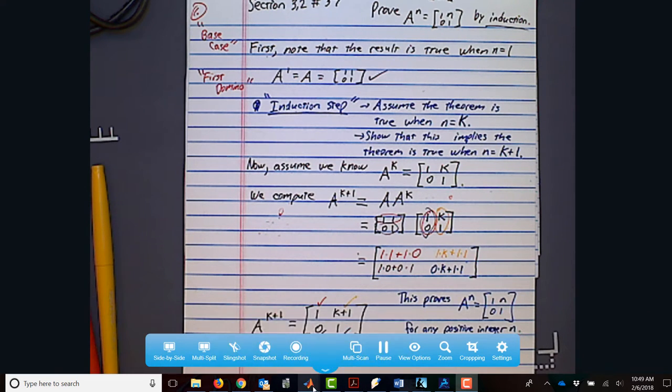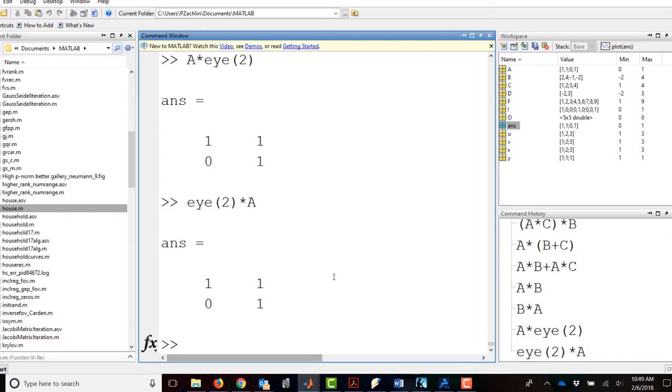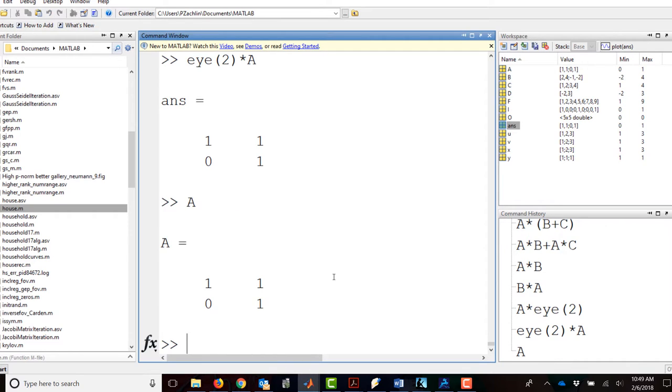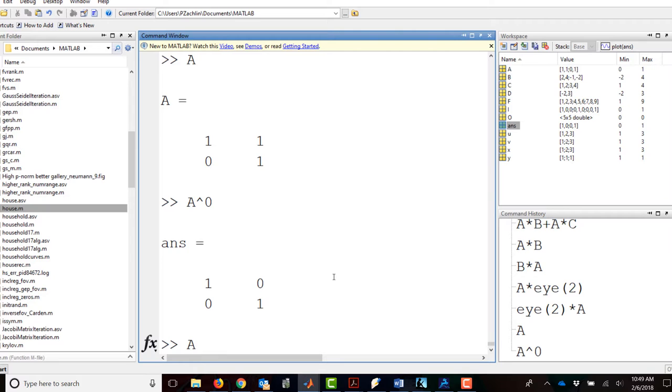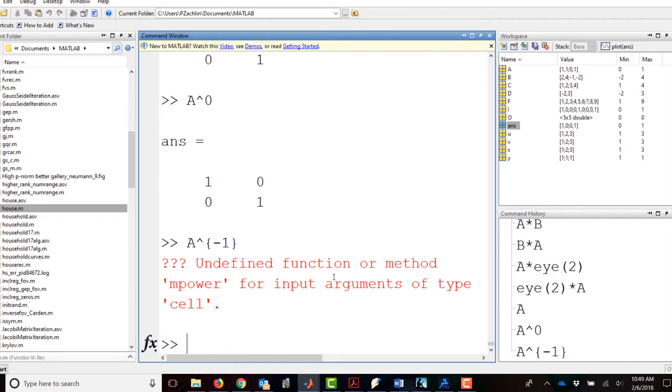Where's MATLAB? Here we go. If I go back to this, remember our matrix A we had before? So I could hit A caret 0. Let's see if MATLAB likes your idea, Chad. It gave me the identity. But if I hit A caret negative 1, well, let me try one more time.